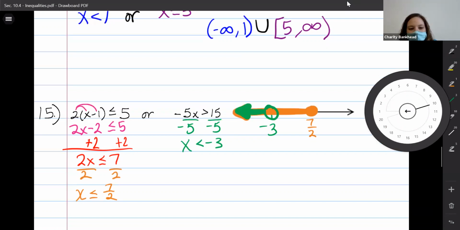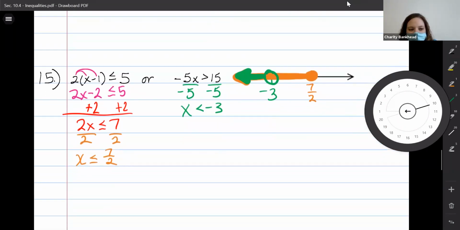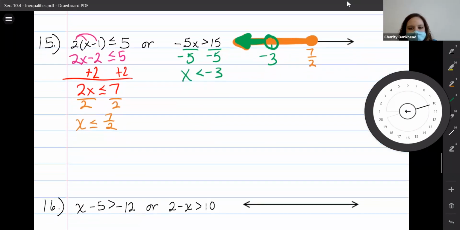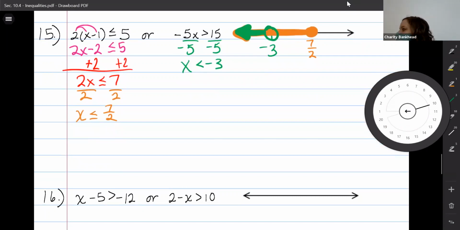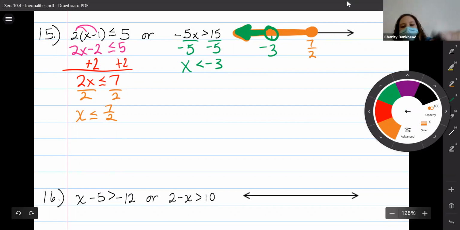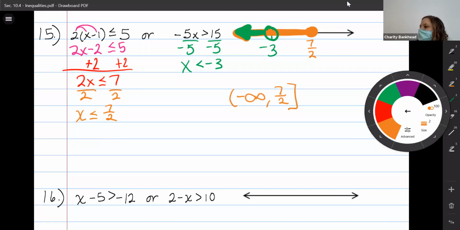So really, the first one already covered everything. The second one really didn't add anything to it. So for our interval notation, we can just say -infinity, comma, 7/2 with a bracket. The other one's already contained in there.